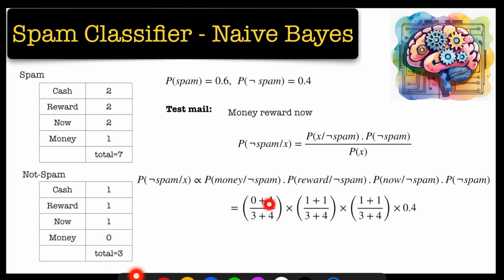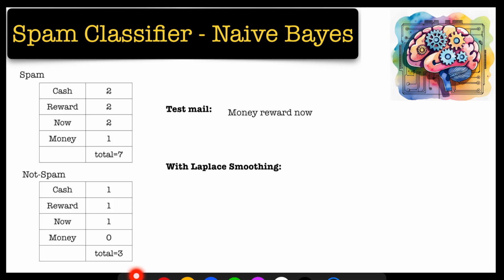We get 0 plus 1 divided by 3 plus 4, where 4 is the vocabulary size and 3 is the total words in the not spam class. Reward occurred one time, so 1 plus 1 divided by 3 plus 4. Now occurred one time, so 1 plus 1 divided by 3 plus 4, times 0.4. Then we get this number. So this is not 0, just because we added 1 here, we got saved and we got the probability.